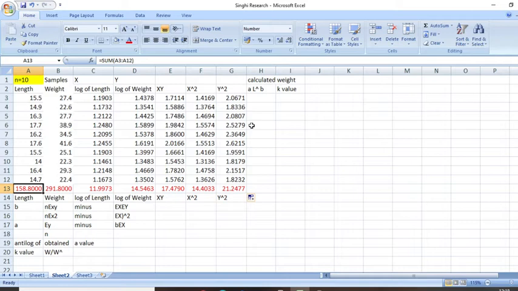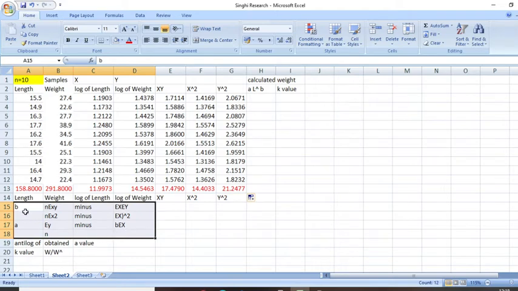So in order to calculate that intercept and coefficient, that is slope, we have two different formulas for a and b. So b is equal to n, that is number of samples, into summation of xy, minus summation of x, that is log of length, similarly summation of y.